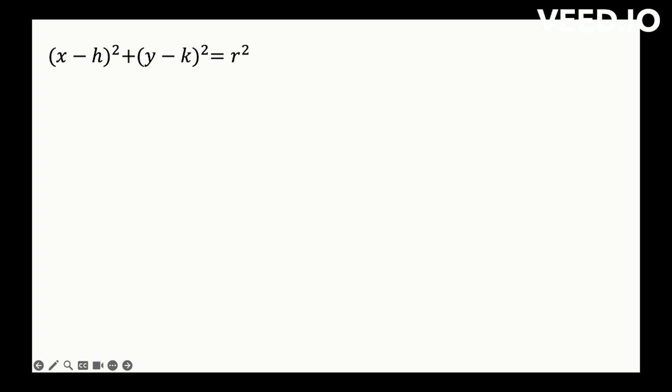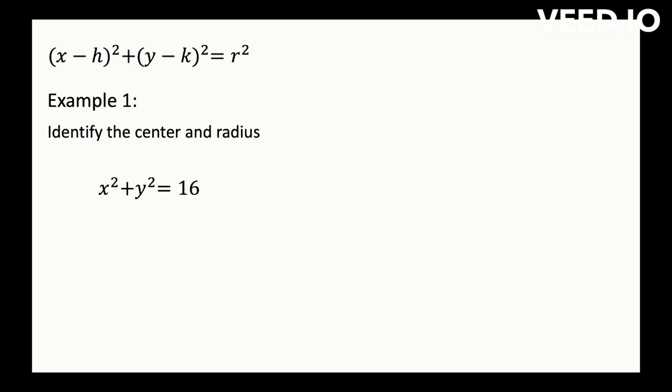Here is our standard form of the equation of a circle. And then here's one of the examples. Identify the center and the radius for this equation, x squared plus y squared is equal to 16. This equation is the same as (x - 0)^2 + (y - 0)^2 = 16.